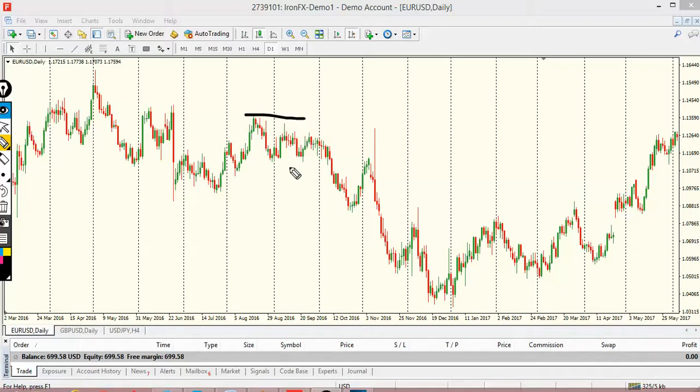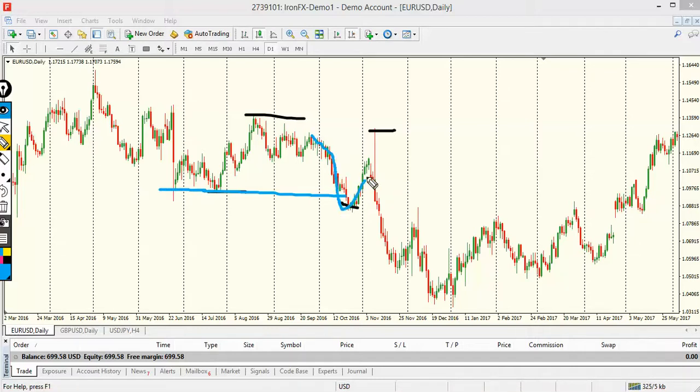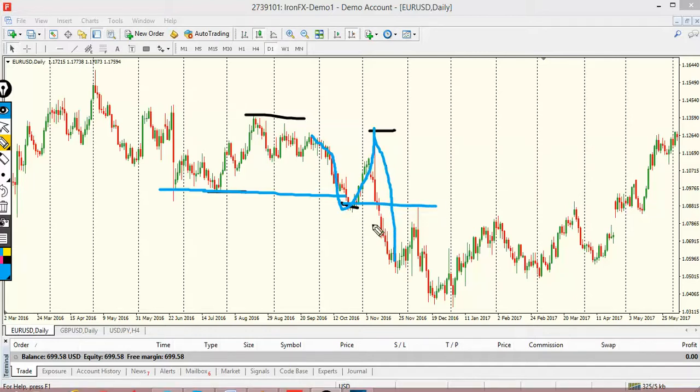This is a high, this is a low, okay, higher low, lower low. So at this point we were in a downtrend. You can see that in a downtrend, because we are coming down, this support got broken, went up, then got broken, then acted as support and resistance here. See, this support got broken.